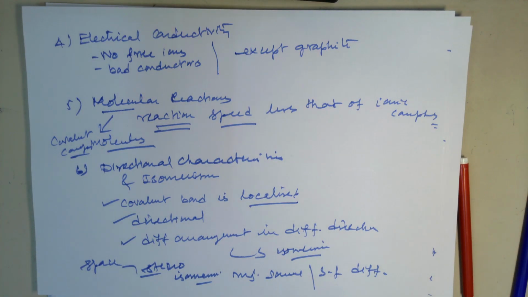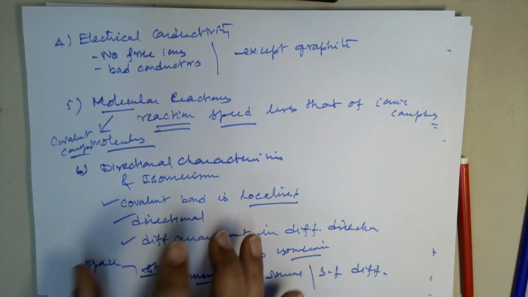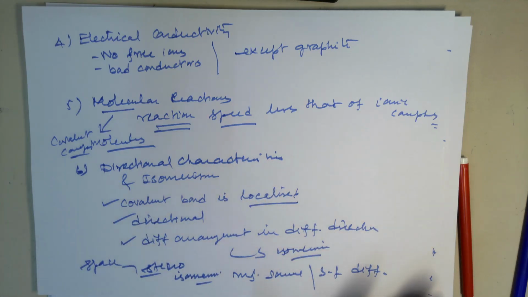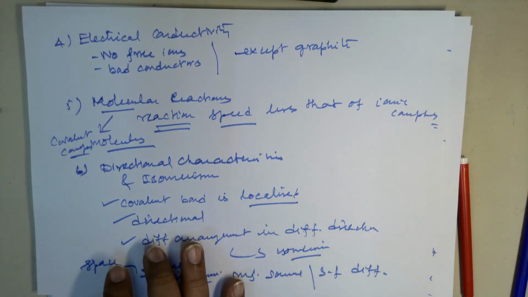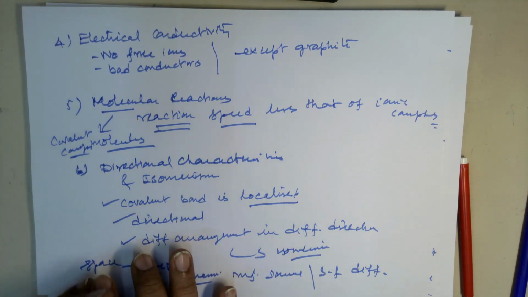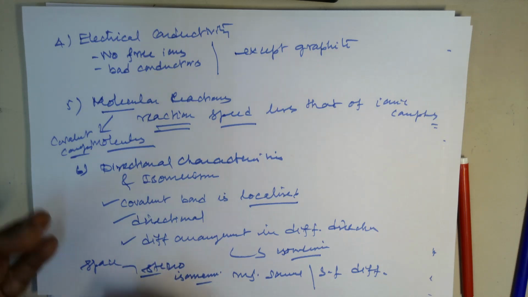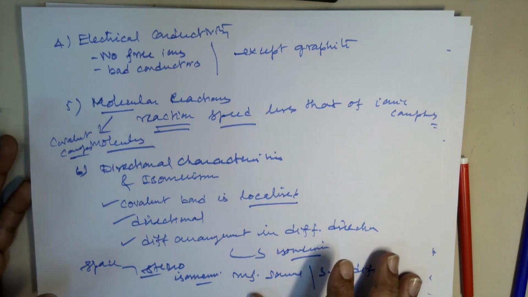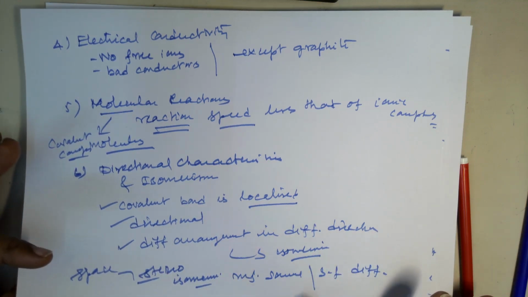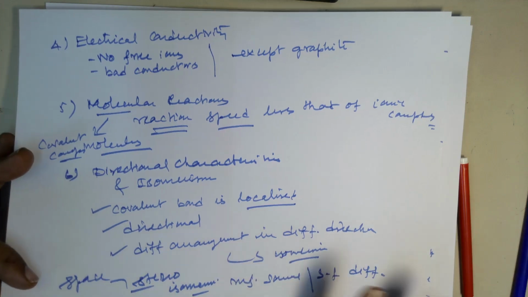Isomers are molecules having the same molecular formula but different structures. Such isomers are called structural isomers. When their bonding positions are different space-wise, they are called spatial isomers or stereoisomers. We'll discuss this in detail under a separate topic.